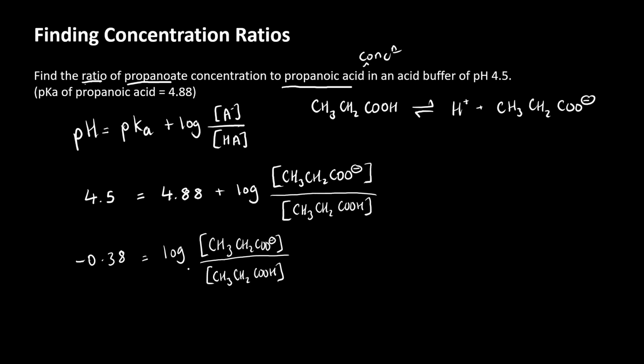Okay, the opposite of doing log is doing 10 to the power of. So rearranging that equation then, 10 to the power of that is going to equal what's in the log.